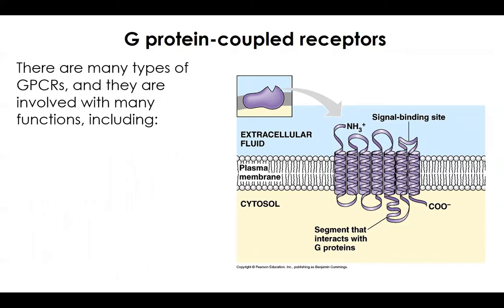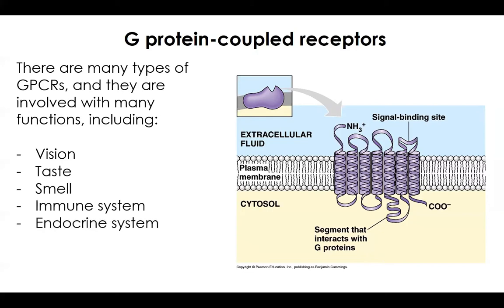There are many types of G protein coupled receptors, and they're involved with a lot of different functions. This can include things like vision. Actually, rhodopsin, which is very important for vision, is a G protein coupled receptor. Things like taste and smell. Your immune system has a lot of these G protein coupled receptors. The endocrine system, so you can think about all types of hormones.